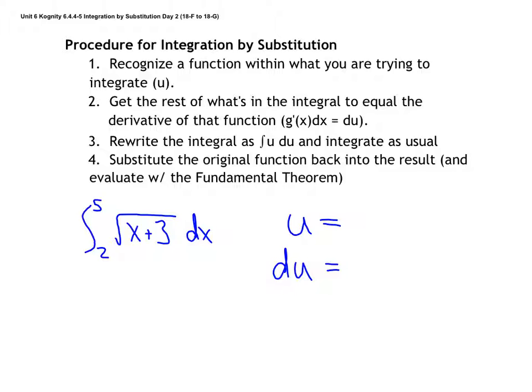So here's another one, and here's kind of a procedure that we could go along with it. Now notice this one actually has what we call a definite integral. So it has the 2 and the 5. So in this case, we're actually doing the integral from 2 to 5. Now we haven't learned how to do that yet.